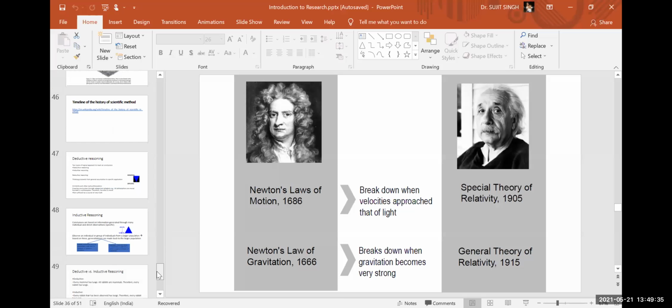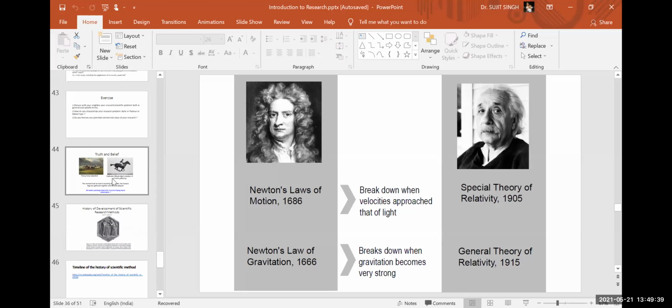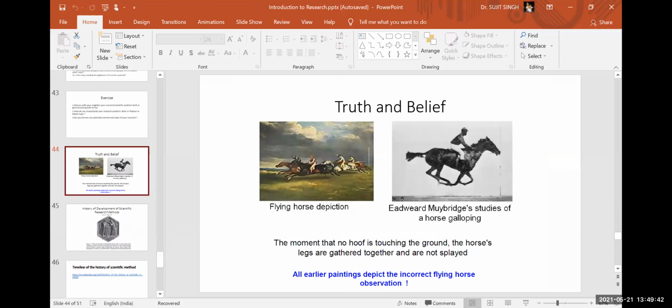And some of the topics, if you want to believe, like, what is the difference between truth and belief? If you see the pictures of the flying horse, they are generally replicated with forward legs in the forward position, backward legs in the backward position.